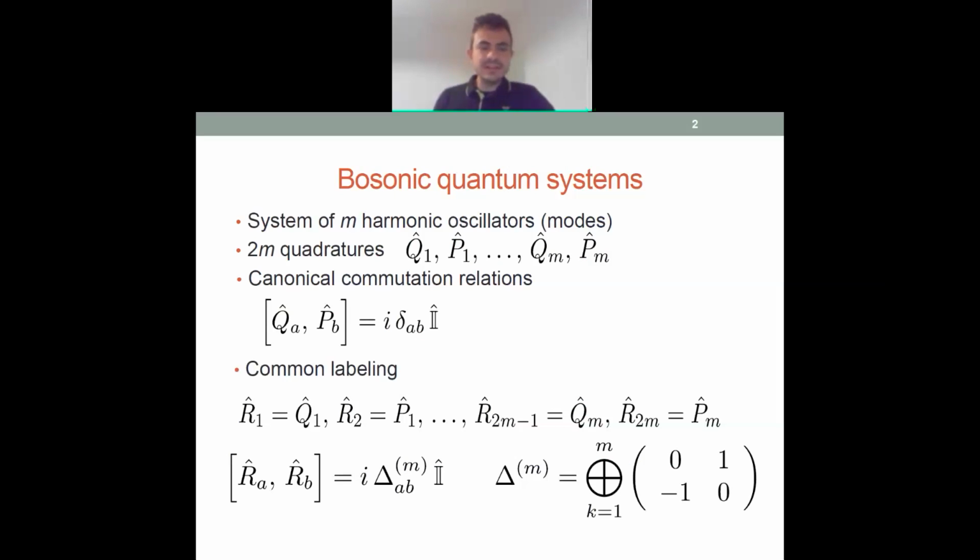A bosonic quantum system is roughly a system made of a given number, that we will call M, of harmonic oscillators. And we will call each of these oscillators a mode.